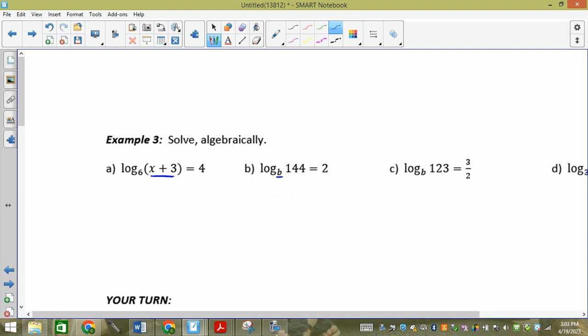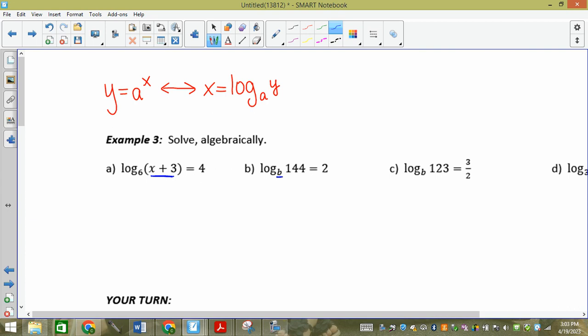So when I line it up, my conversion formula is y equals a to the x. It's a double-headed arrow because it means I can convert back or forth. X equals log base a of y. Is this a log or is this an exponential? A log. So I'm going to line it up with the log, and then I'm going to convert it to exponential.